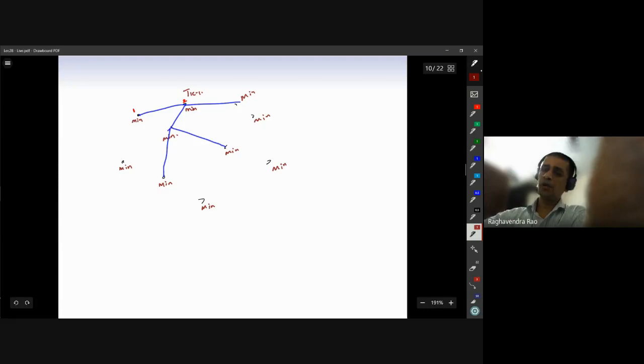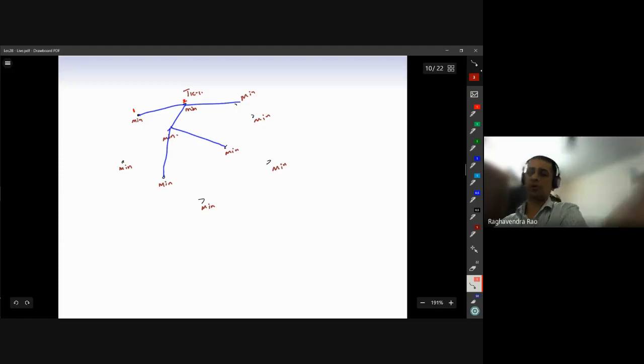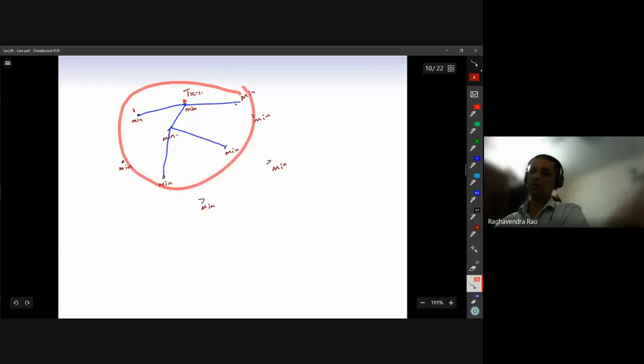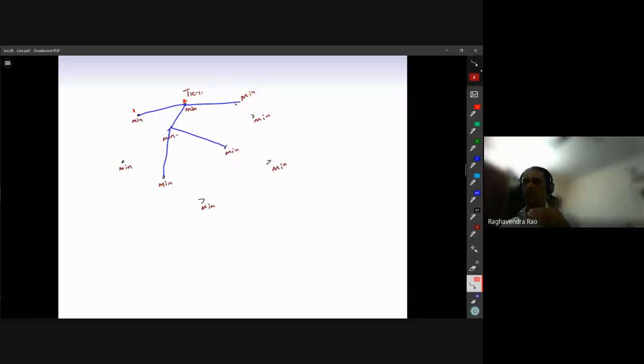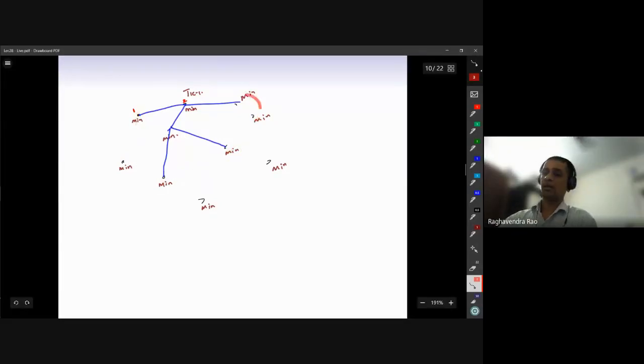If not, in that case, you will have to find the second min among this and then compare if this is smaller or not. So that processing you will have to do. At any point of time, whatever tree you have, you will have a minimum weight edge which is going out of that tree.